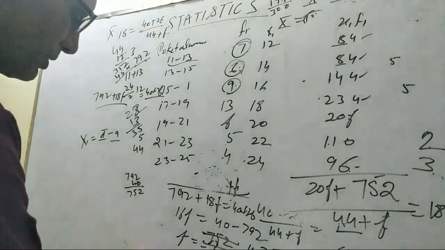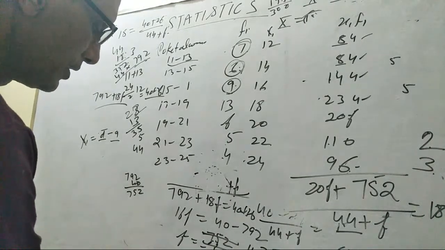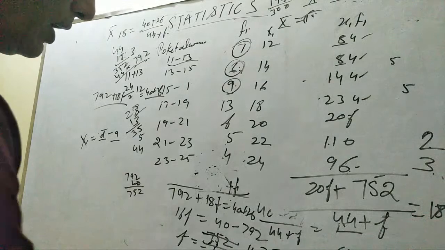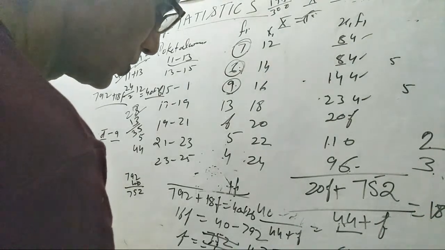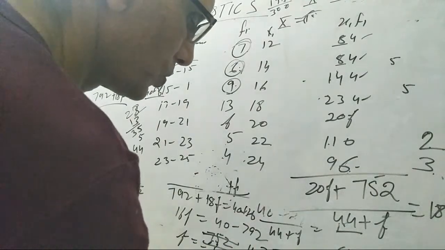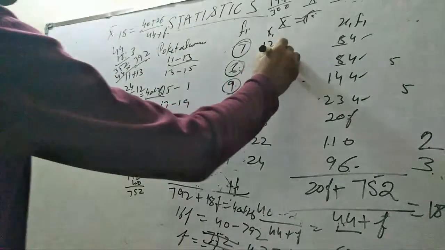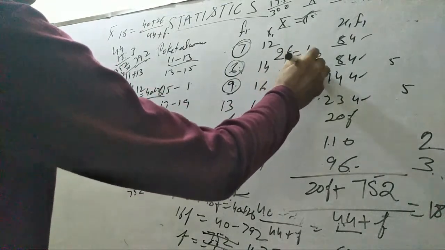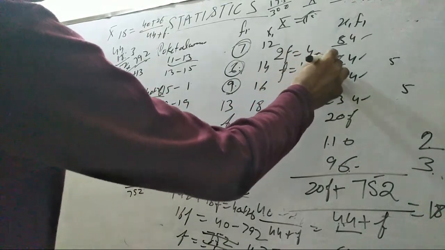The 752 comes over here and the 52 gets cancelled. This becomes 40, and 20f minus 18f is equal to 2f, so 2f is equal to 40 and f is equal to 40 by 2, which is equal to 20.